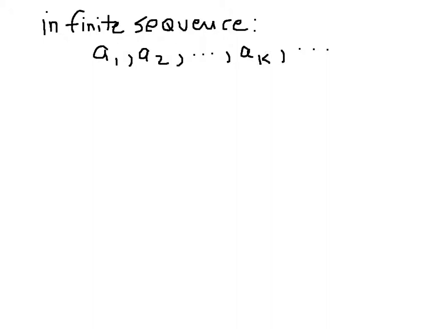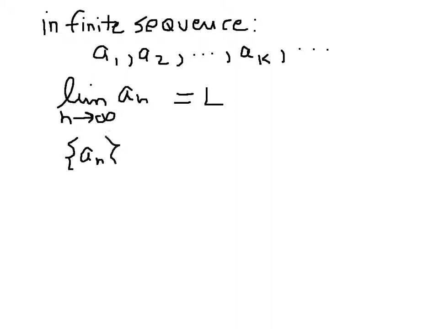So, an infinite sequence, obviously, is a sequence that never ends. We talk about the limit of such a sequence as n goes to infinity equaling L if that limit does exist. So just for an example, this is notation, suppose we have a sequence written as 3n minus 5 over 2n.